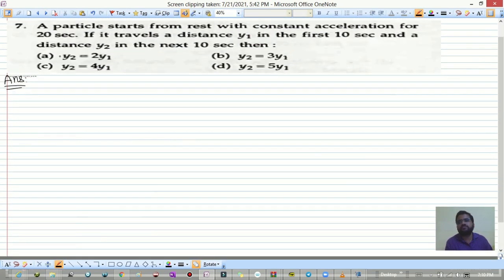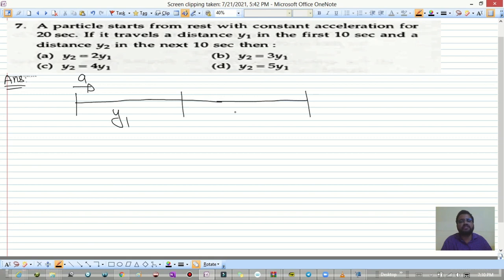Next question. A particle starts from rest with a constant acceleration for 20 seconds. If it travels a distance y1 in the first 10 seconds and a distance y2 in the next 10 seconds, then what is the relation between y1 and y2? So over here, a particle travels with a uniform acceleration. Acceleration is constant, given.